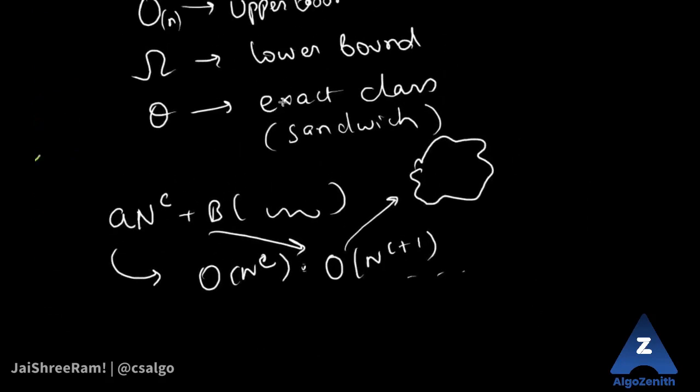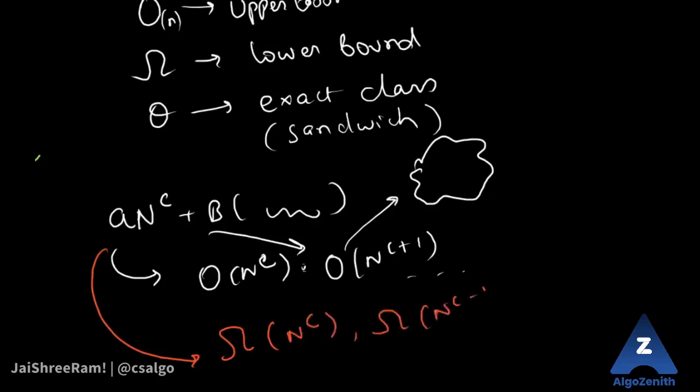Again, if you talk about omega, that's just n to the power c, then n to the power c minus 1, because it has to be sandwiched. No, sorry, it's not sandwiched. For omega you just need a lower bound, so omega of n^c is all functions greater than or equal to n^c by the highest order term.